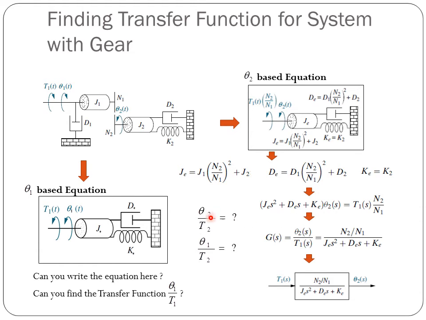We know theta 2 by theta 1 is equal to n1 by n2, or T2 by T1 is equal to n2 by n1. So using those previous formulas, you can change the variable theta 2 to theta 1 or T1 to T2, etc. Please try to solve this on your own.